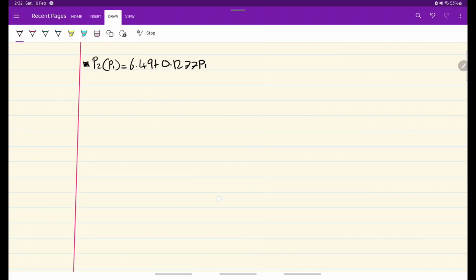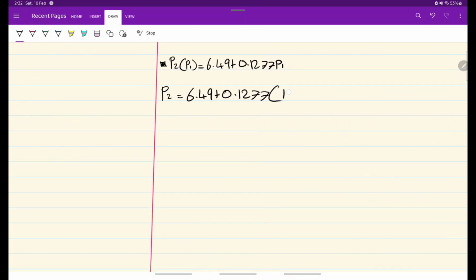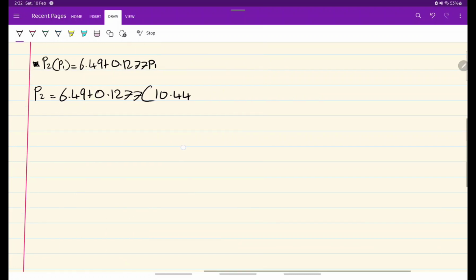Coming over, doing the exact same thing here. Again, don't add those.